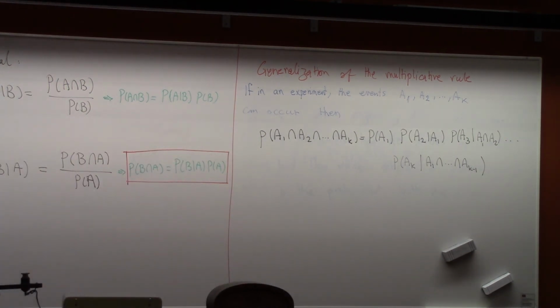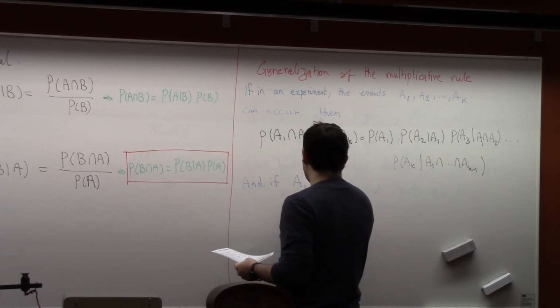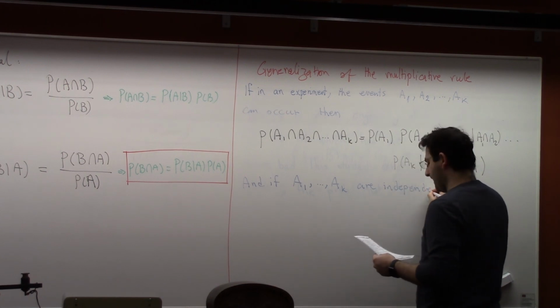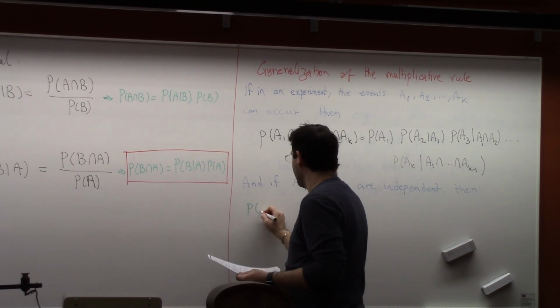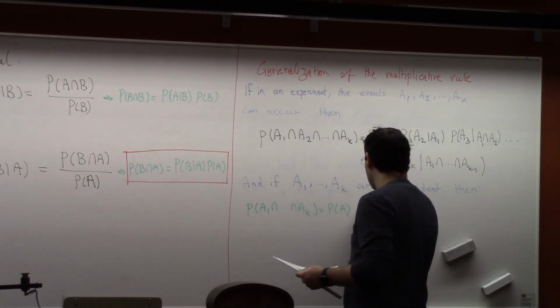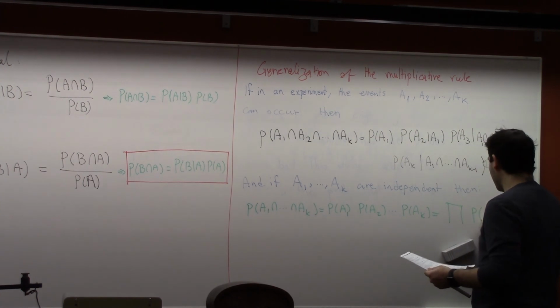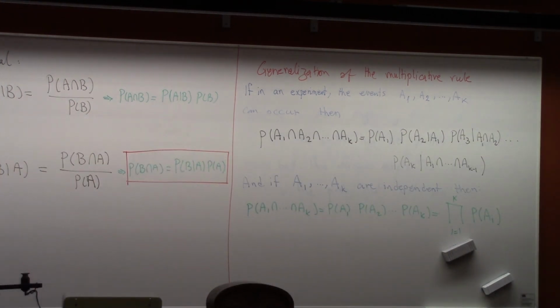And if A1 till AK are independent, then the probability of A1 intersected till AK is the probability of A1 multiplied by the probability of A2 multiplied by the probability of AK, which means it is the multiplication of P(Ai), i from 1 till K. Like the example that we solved here.